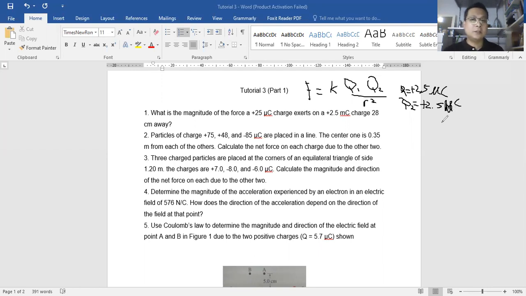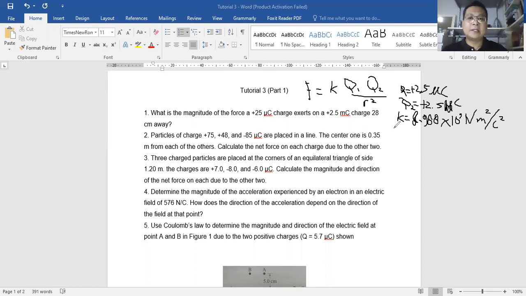As we know, the standard constant of electrical charge is K equal to 8.988 times 10 power 9 Newton meter square per square coulomb.